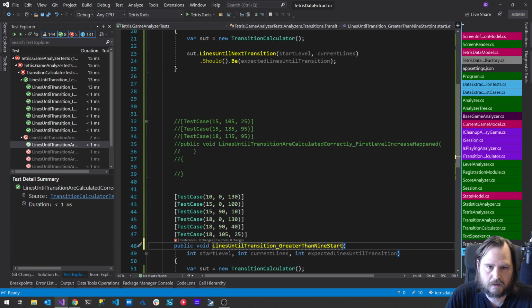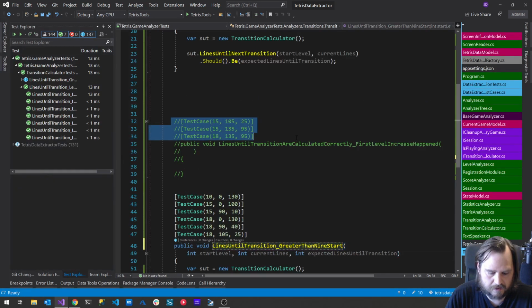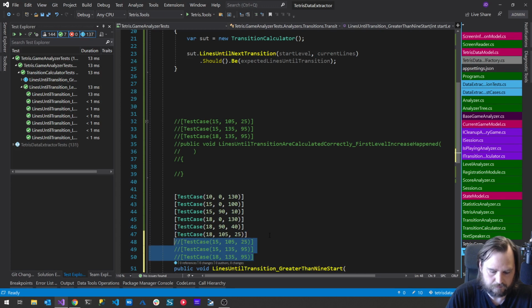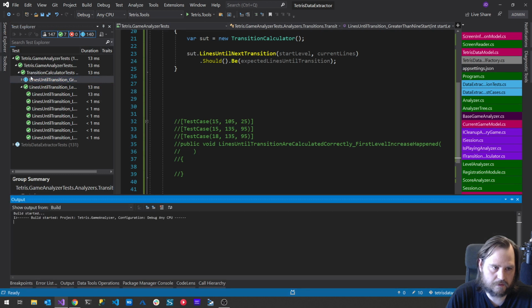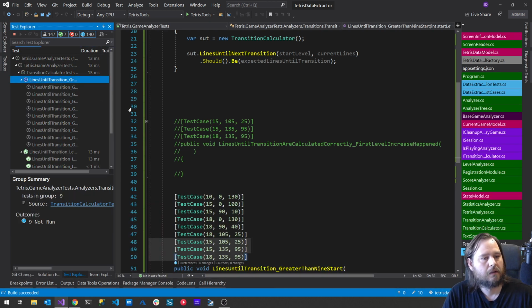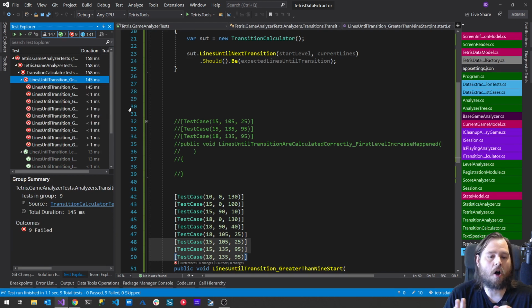I want to take these test cases and bring them down here. And I don't know, we'll just run it, and I'm sure they'll all be red X's. Oh, and they're all red X's. At least they're all wrong.